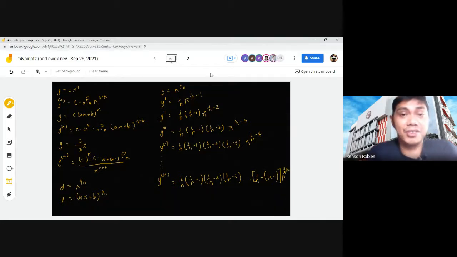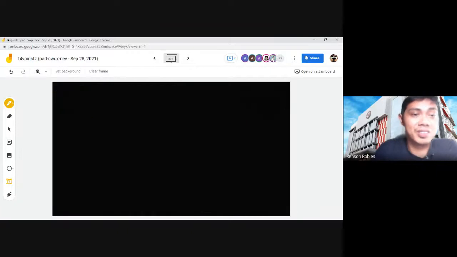Say, if you have y equals x raised to 1/2, and then you're looking for, say, the seventh derivative of y in terms of x. Then the seventh derivative of y in terms of x is equal to, so, like this.